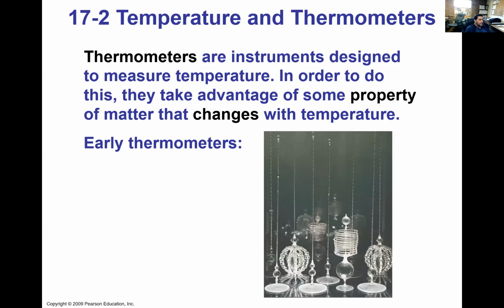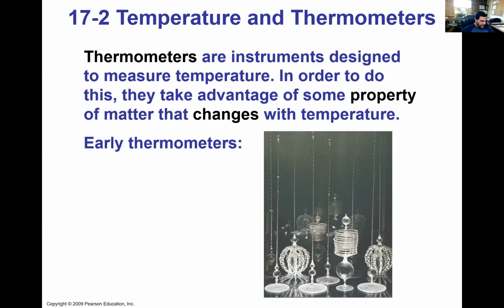So let's talk about temperature scales. Thermometers are any instrument used to measure temperature. Some very early ones that seem to be getting popular again are these liquid-filled ones. A lot of times you'll see these in catalogs. Those were very early ways to measure temperature.